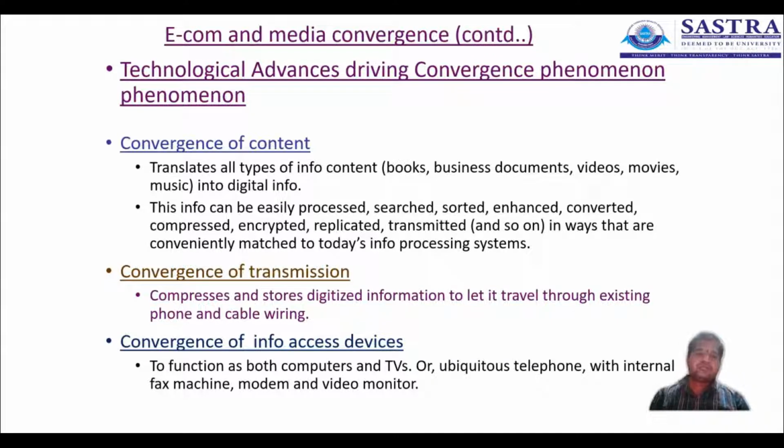So this information can be easily processed, searched, sorted, enhanced, converted, compressed or encrypted, replicated, transmitted in several ways that are conveniently matched to today's information processing systems, because all these things are interdependent. So convergence of transmissions, which compresses and stores digitized information to let it travel through existing phone and cable wiring.